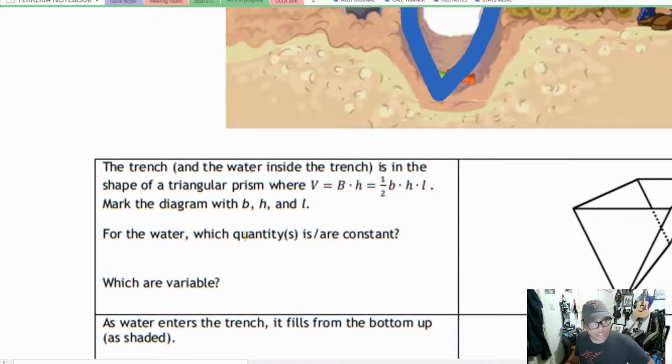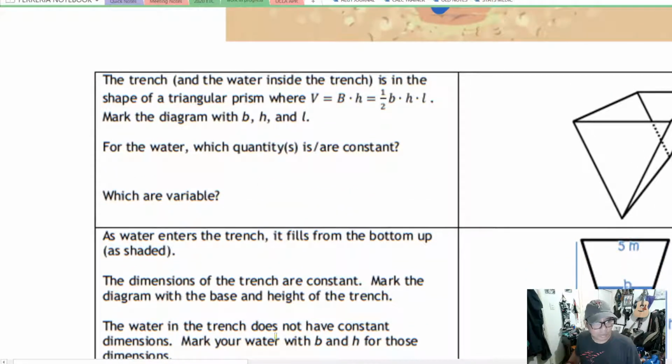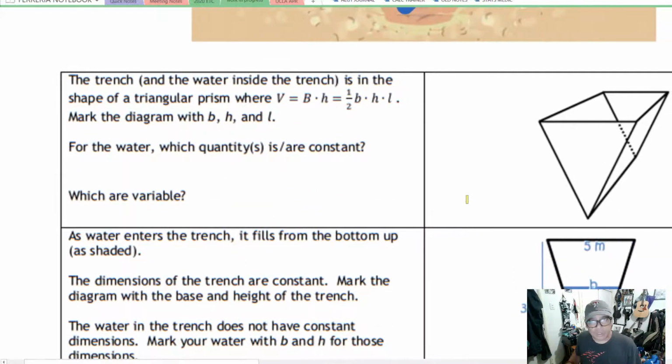Okay, so the trench and the water inside the trench, incidentally, is in the shape of a triangular prism. Remember, the front side is a triangle, the back side over here is also a triangle, and then they are connected with rectangular planes. So that's our trench.